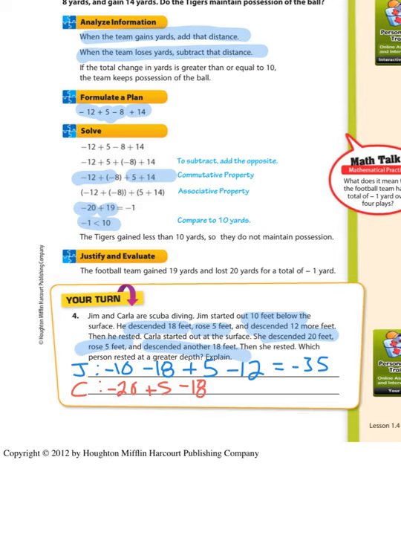So we have negative 20 plus 5 minus 18. Find the sum. And Carla is resting at negative 33 feet. She is 33 feet below the surface. Now the question asked which person rested at a greater depth. The answer would be Jim. Jim is currently 2 feet below Carla.